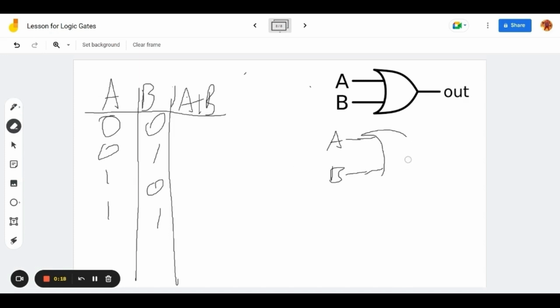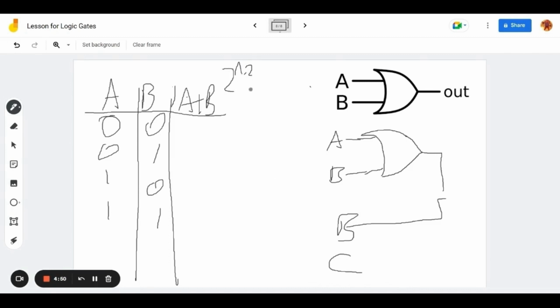Sorry, my drawings aren't that good. Going through this OR gate, they are then multiplied by, again, B, the same value B. Because if we were to add another input like C, it would not be 2 to the power of 2, but 2 to the power of 3.